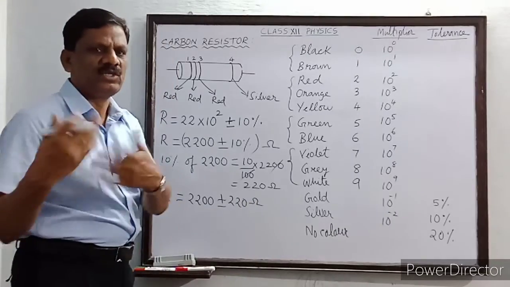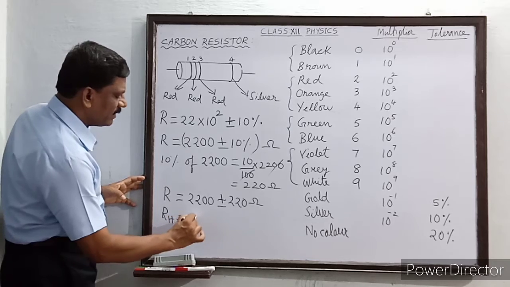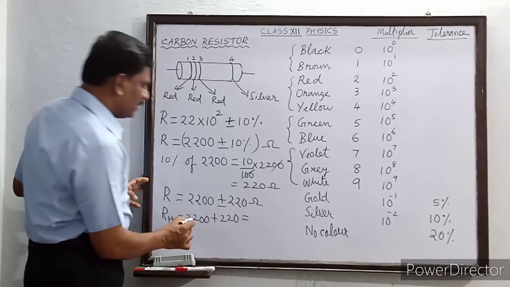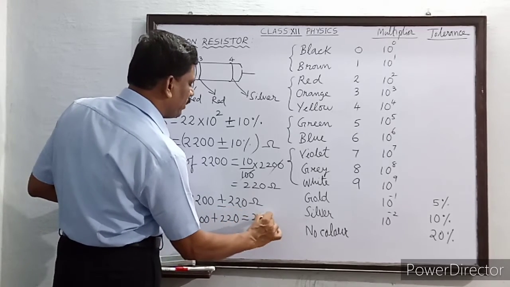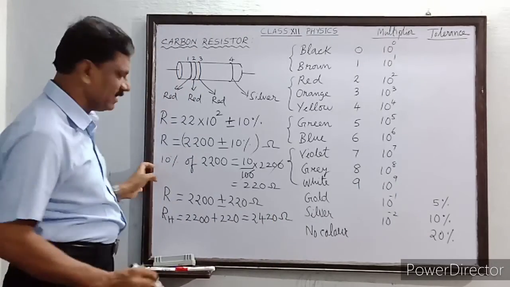On the higher side, what should be its value? Higher value means what? This is 2200 plus 220. Is it not? So 2200 plus 220 is 2420 ohm. So this will be the highest value attained by the carbon resistor.